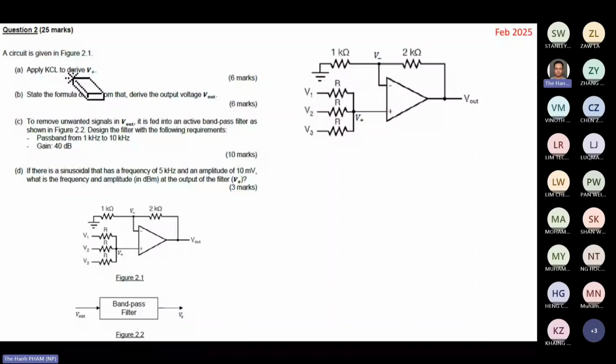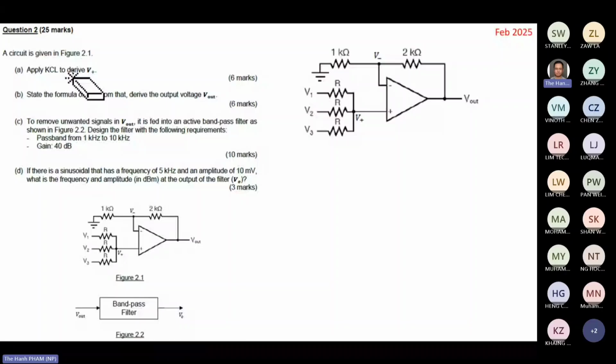Okay, so the question is you have to apply KCL to derive the V plus. This is quite a simple case because we have seen this kind of circuit many times since your year one. When you analyze the op-amp, a very important point is the voltage at the two terminals are the same, and there is no current running into the op-amp.